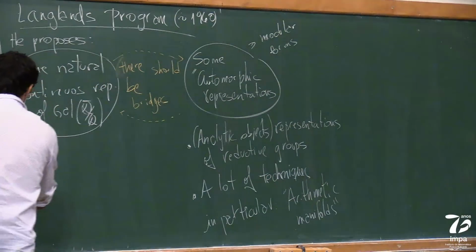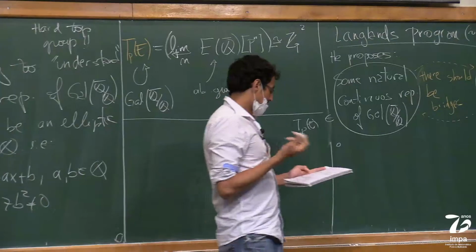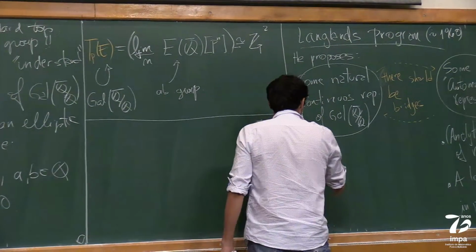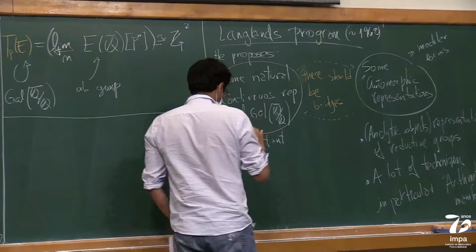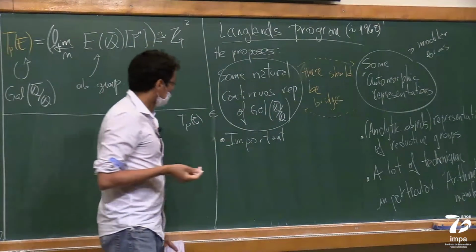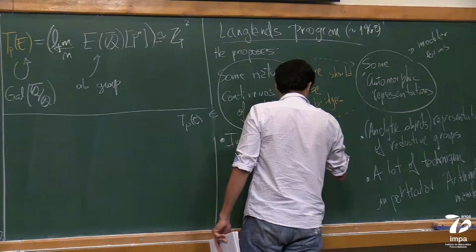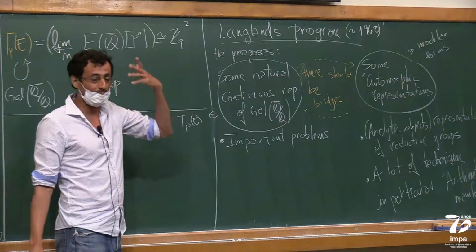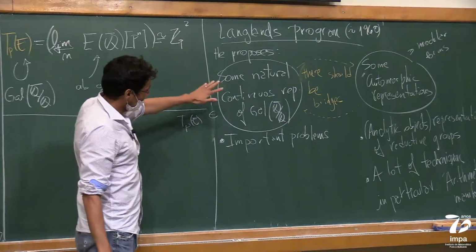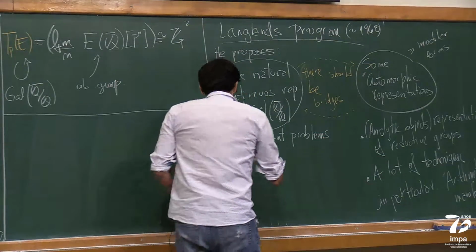And this side is the side that you care about, so our motivation starts from here. So here there are important problems. Important is always relative, but important problems. And in fact, these important problems are very precise and very famous conjectures that in some way are guiding the method that you have on the right.